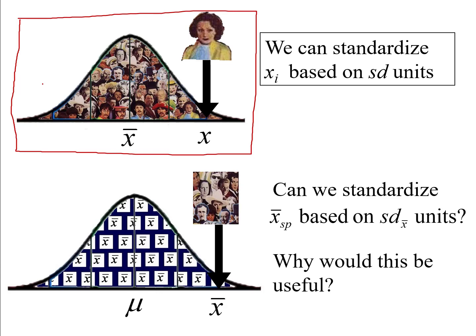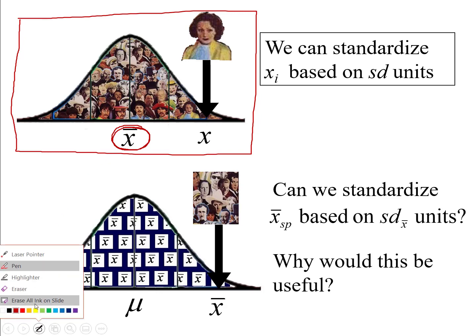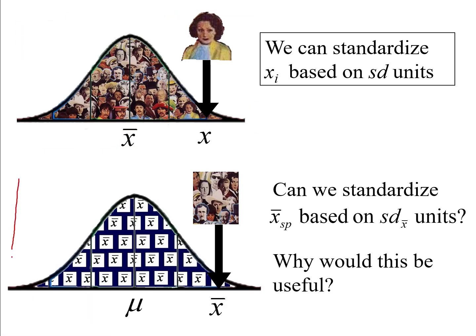This is a distribution of observations of cases from a sample, looking at how far those cases deviate around the sample mean. And then at the bottom, I have a distribution of sampling error, and I've got a bunch of X bars, a bunch of means in here.